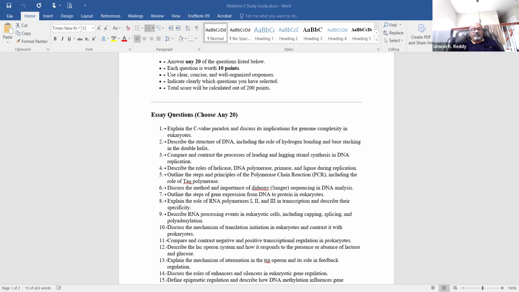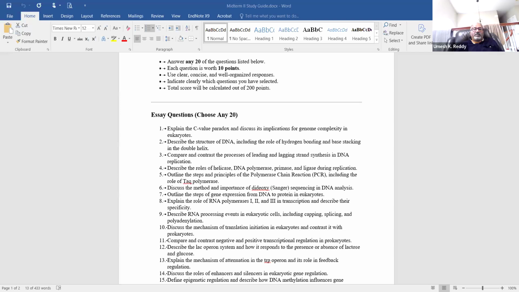In translation, initiation is when the small ribosomal subunit with the initiator tRNA, which is methionine, gets added. This complex will scan through and identify AUG, the start codon, where the larger subunit also assembles.